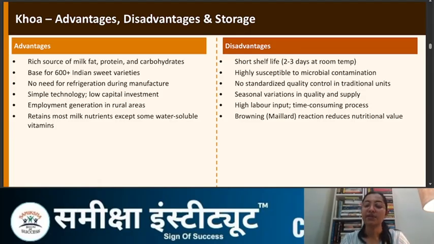Then it is a time consuming process, because heat desiccation and continuous stirring need to be done, and India is one where, as I already told you, the unorganized supply chain is there, not much automation, and the technological integration is very limited. So again the manual labor required will be more, and it is more susceptible to errors as well.